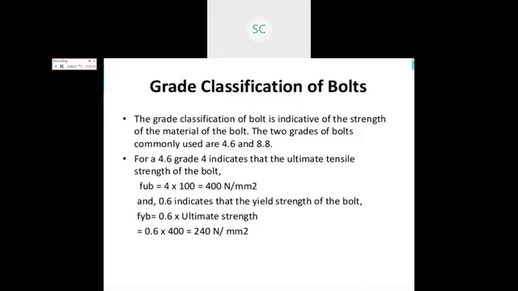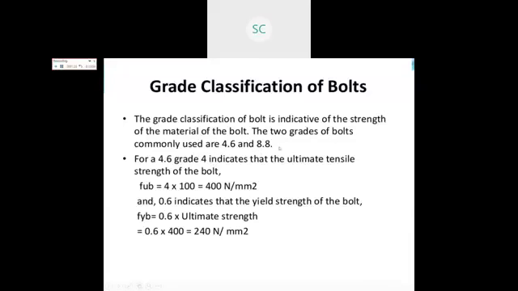M20 is the nominal diameter of the bolt. The diameters of bolts are generally 16 mm, 18 mm, 20 mm, 22 mm, 24 mm, and accordingly it is denoted by M16, M20, M22, M24 like that. And also you have to provide the grade of bolt. 4.0, so many grades are there. So these commonly used grades are 4.6, 5.6, 8.8 like that.